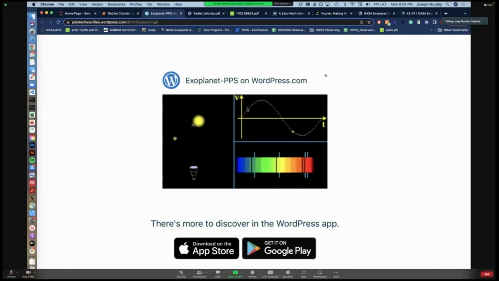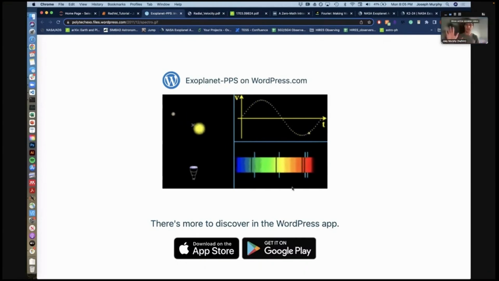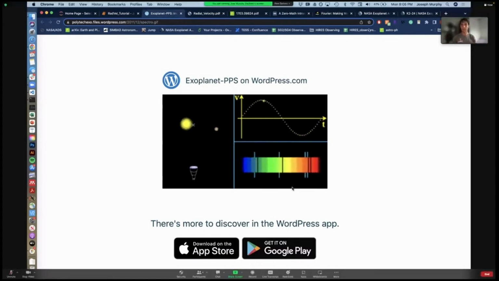Just as this star is following this sinusoidal track in velocity, as it moves towards us, just like the ambulance, the starlight will be blue shifted. It will be shifted towards higher frequency, like the ambulance sounds higher pitched when it's coming at us.